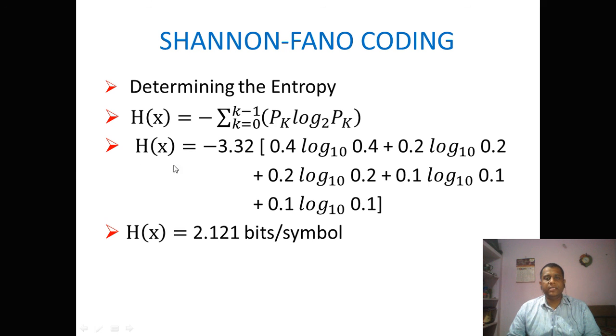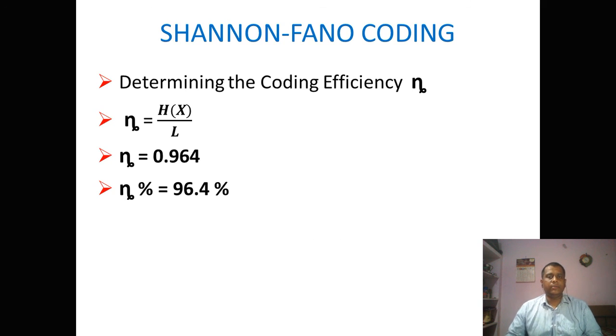For this conversion, 3.32 is taken, and then we expand it as 0.4 log base 10 of 0.4, and then 0.2 log base 10 of 0.2, and so on for all 5 probabilities. Thus, we determine the answer to be H of X equal to 2.121 bits per symbol. This is how we determine the entropy of the Shannon Fano coding algorithm.